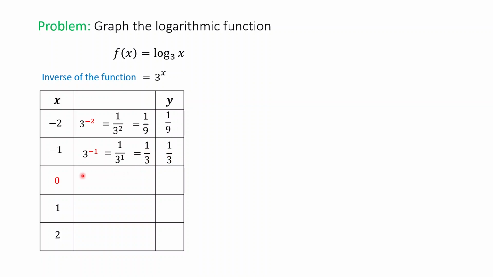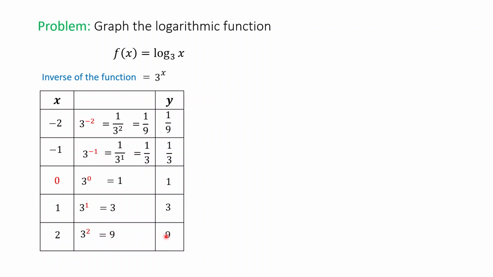Put this here. Now put x equal to 0, you get 3 to the 0, that is 1. Anything raised to 0 is 1. Put this here. Now x is 1, 3 to the 1, that is 3. Put here. Now 2, 3 to the second. So this is equal to 9.